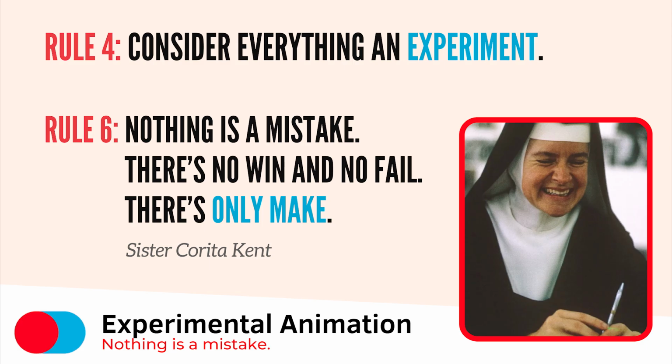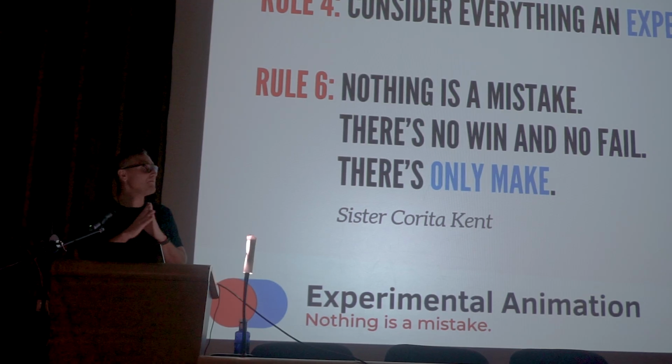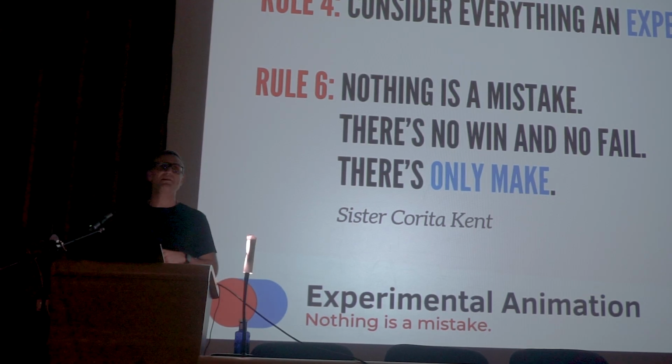I like experimentation. Maybe you know Sister Corita Kent. She defined 10 rules for experimentation for teachers, artists, and creators. I just take 2 of these 10 rules. Rule number 4, consider everything an experiment. I approach all my works trying to do an experiment.